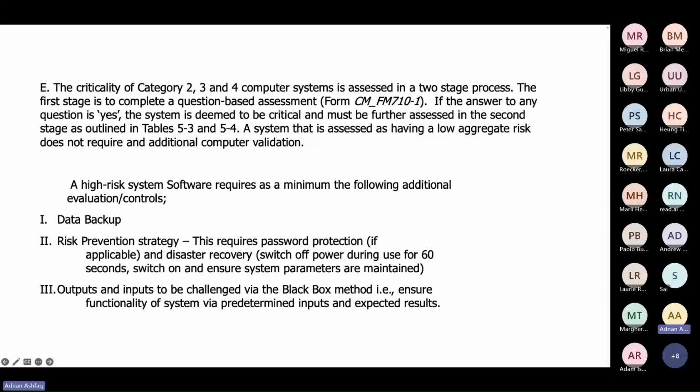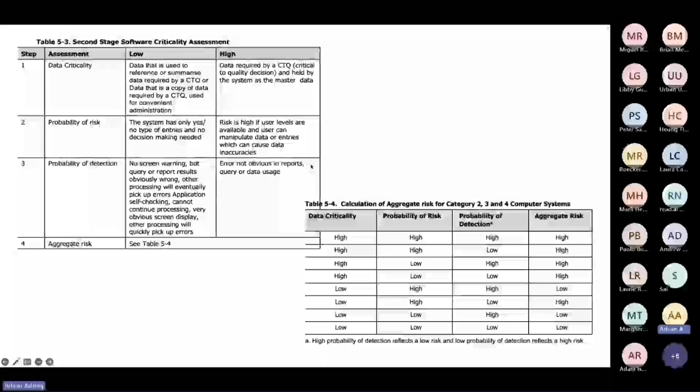And then obviously we would also be looking at filling out a form. So you should have a typical form that would be a question-based assessment. When you're doing your data criticality, you look at your software criticality, you look at data criticality, you look at probability of risk, you look at probability of detection, and this is where it differs from GAMP, because GAMP will go into a much more complicated assessment, and what I've tried to do here is adopt a much more pragmatic approach, where I'm looking at a low and a high risk.